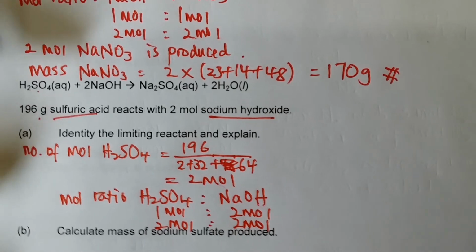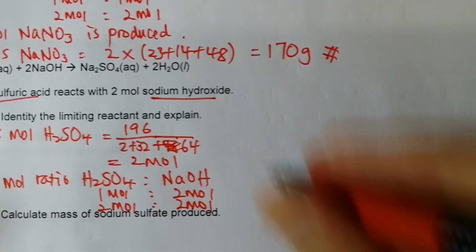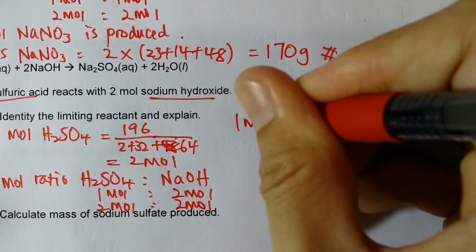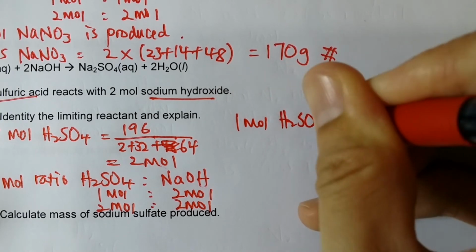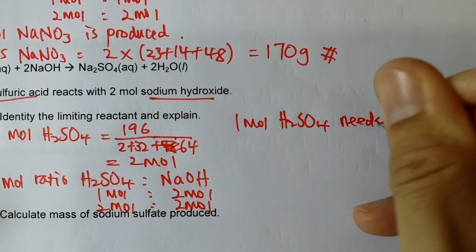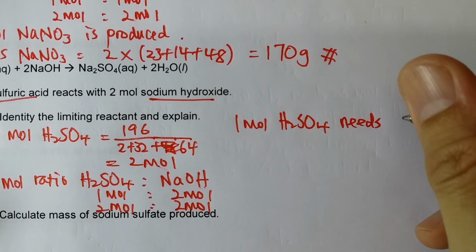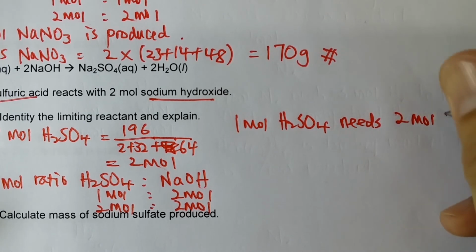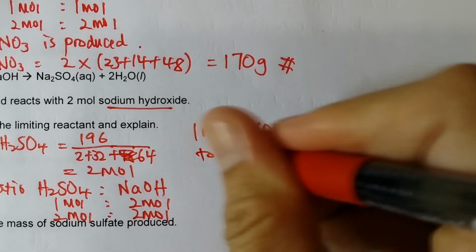So which is the limiting reactant? Same thing for explanation. 1 mole H2SO4 needs 2 mole NaOH to react.